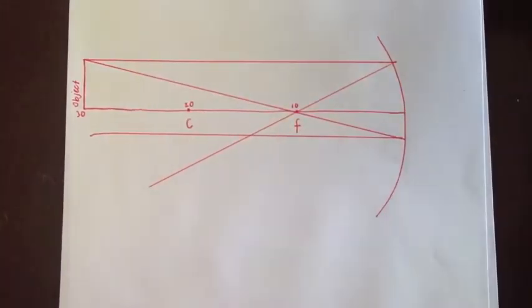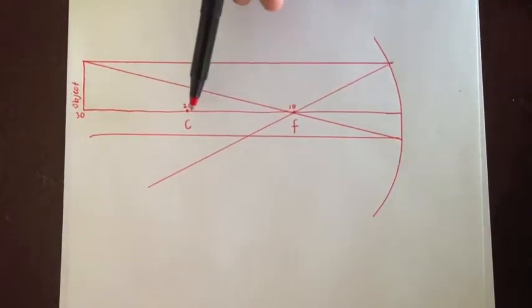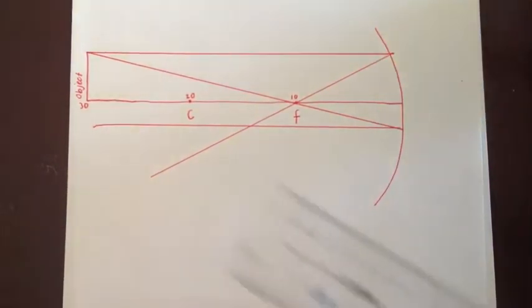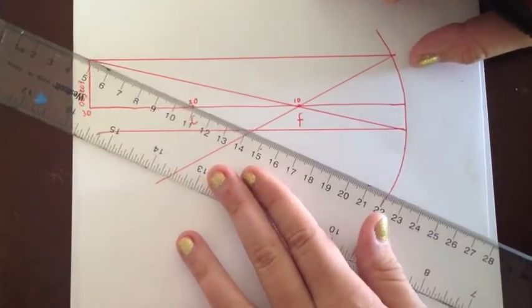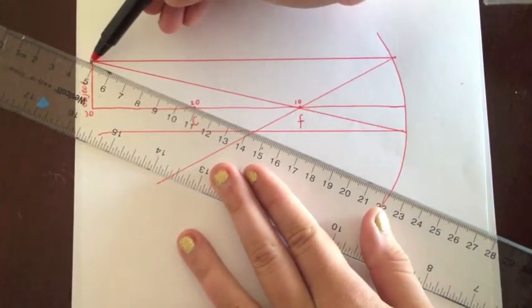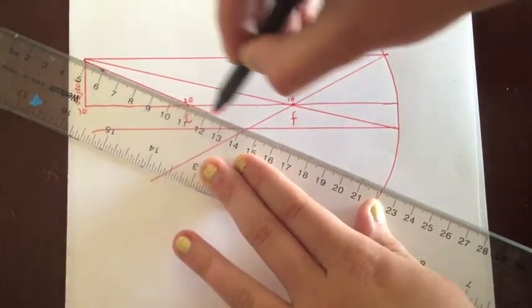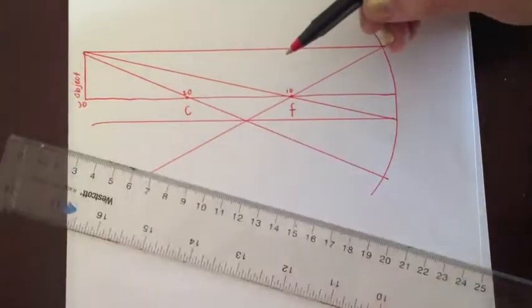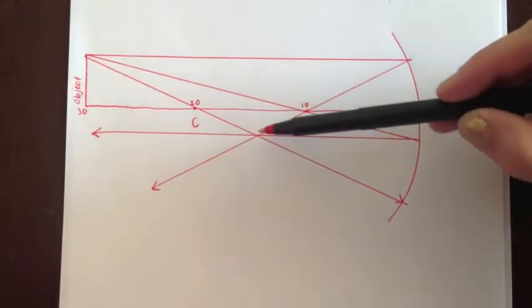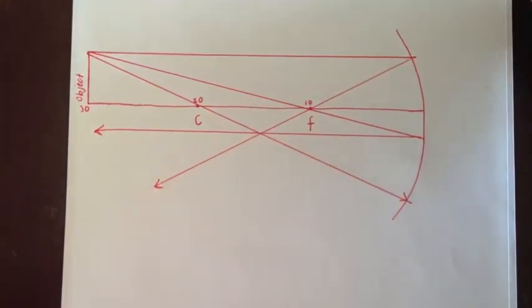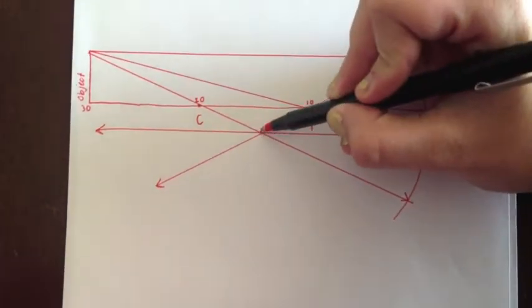And the third ray is going to go from the object through the center and down to the mirror. And where all three of these lines connect, right here, will be where your image will show up from the object.